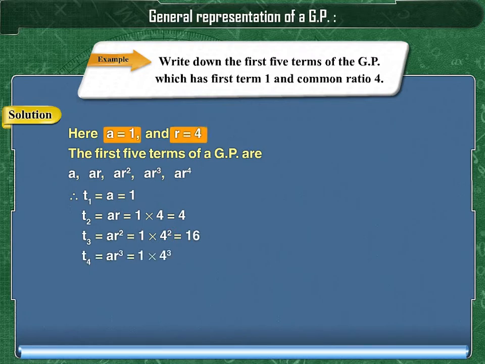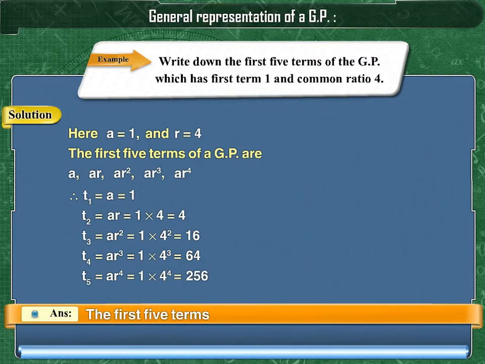T5 is AR raised to 4, which is 1 into 4 raised to 4, which is 256. Therefore, the first 5 terms of the GP with first term 1 and common ratio 4 are 1, 4, 16, 64 and 256.